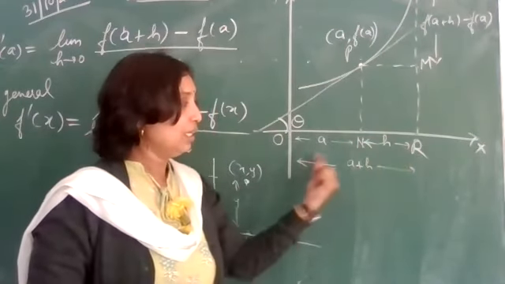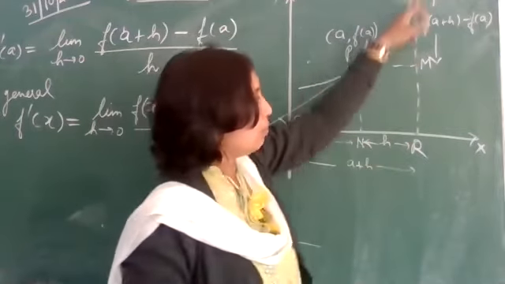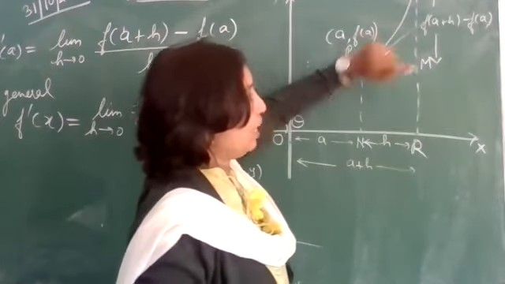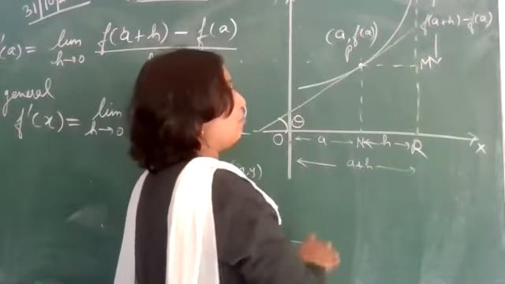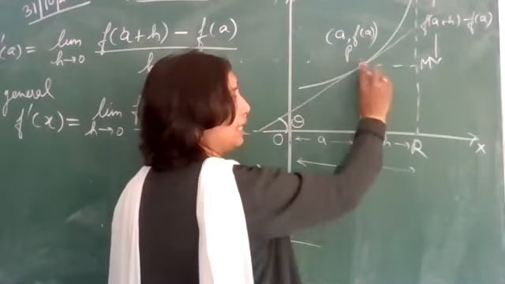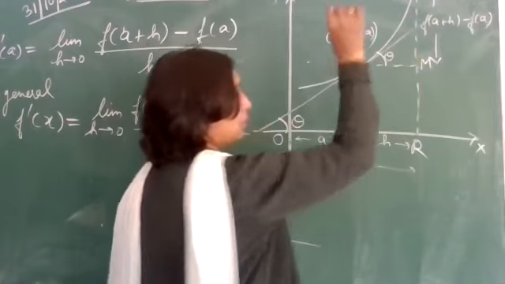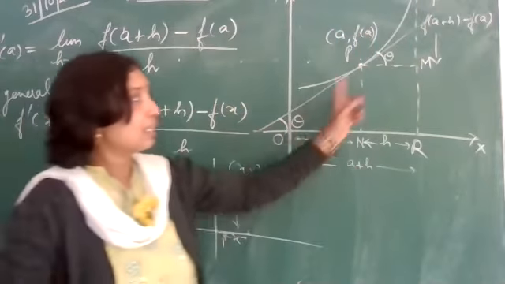So NR will be A plus H minus A, that is H. Similarly, we have to calculate QM. Why are we calculating NR and QM? Because we need to find this theta. Is this clear to you?